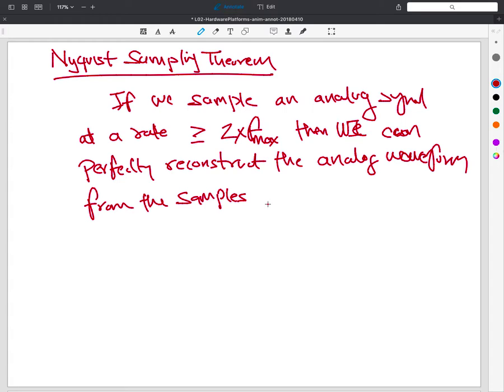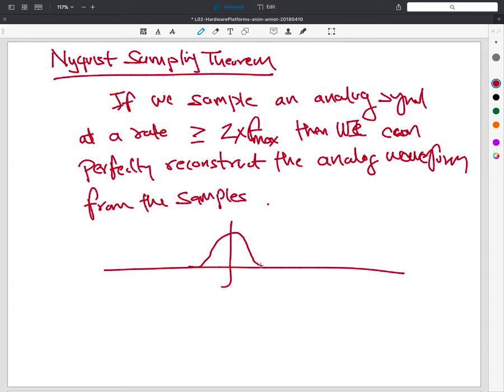Second thing is, what happens if there was actually signal at higher than this frequency? That is, I was wrong. If f max was not actually the max, and there was even a higher frequency available, then truly bad things happen. So what, in a way, happens is the following. Let's say I look at my signal, and let's say it has some spectra.